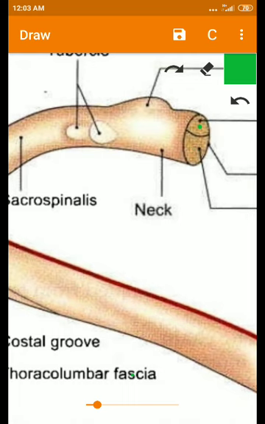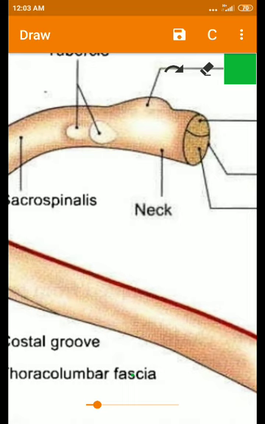These are synovial joints, so definitely there is a joint cavity and a capsular ligament, and also some other ligaments which reinforce the joint.